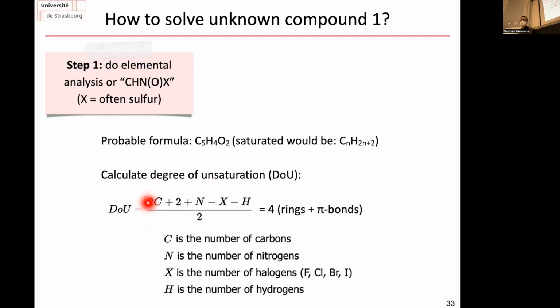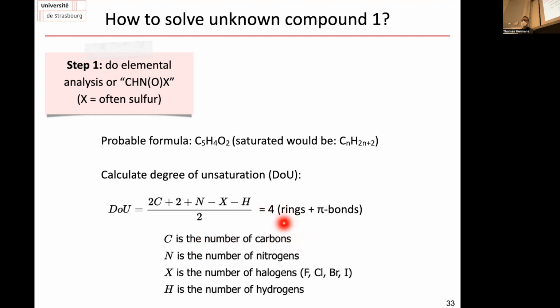In this case, it's 4, right? If we do 2 times 5 plus 2 is 12, no nitrogens, no halogens. 12 minus 4 is 8. 8 divided by 2 is 4. So the degree of unsaturation is 4, which means we have either 4 rings or 4 pi bonds. 4 rings would be highly unlikely in a compound that only has 5 carbons, so I think we can safely exclude that possibility.